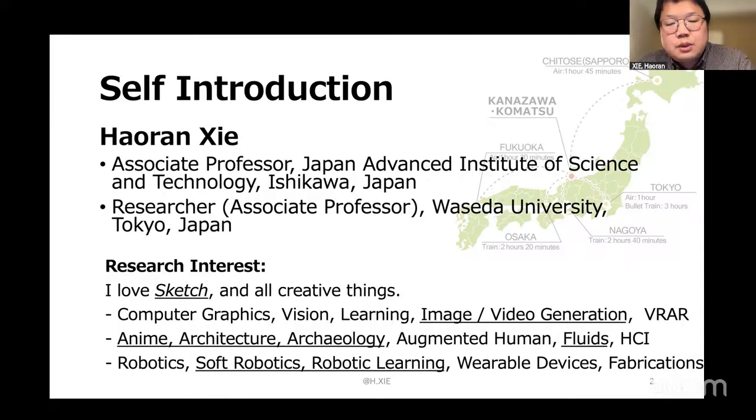Recently, we have some research funding to support robotic learning, and especially because we are in Japan, we also consider how to use generative AI for anime and some professional design. Also, we collaborate with other universities on architecture design, and also some archaeology, that is, the Oracle bone. I think all these things are very interesting. Especially, I am also interested in fluids, which involves some mathematics. Yes, that is my research interest.